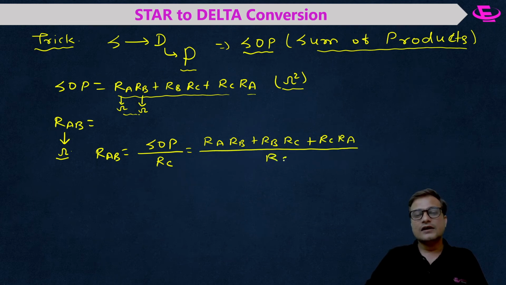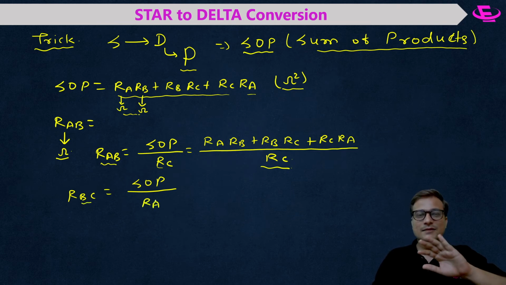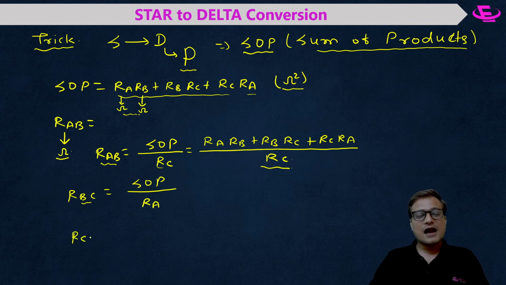This is the trick. Similarly, if you write RBC, again at the numerator you write the sum of products. Now at the denominator, see one thing: for RAB you divide by RC. If it is RBC, you will divide by RA. That means you have no need to go back to the circuit. Similarly, RCA will be SOP, sum of products divided by RB.